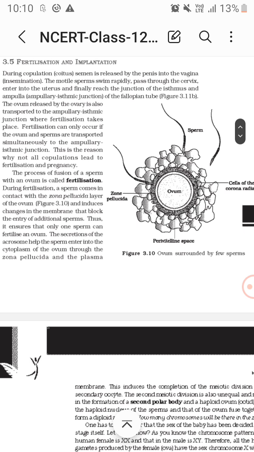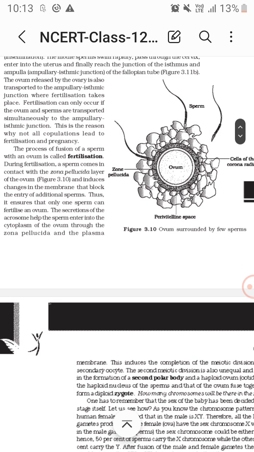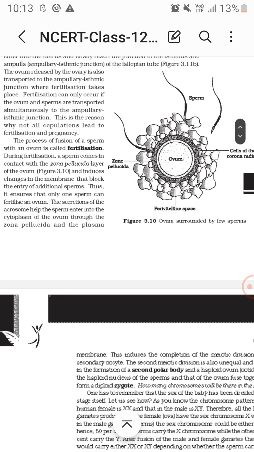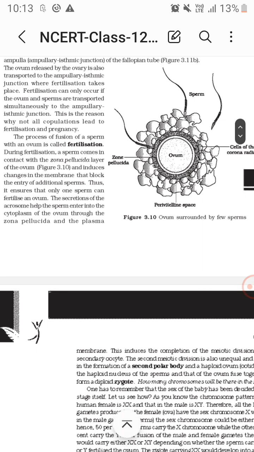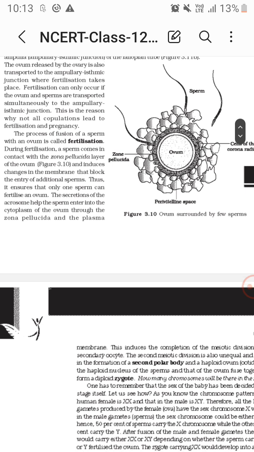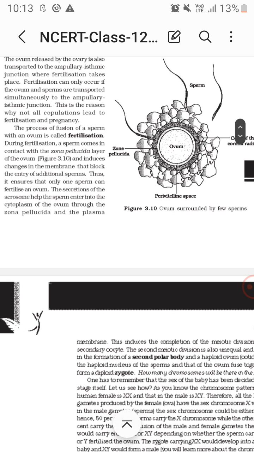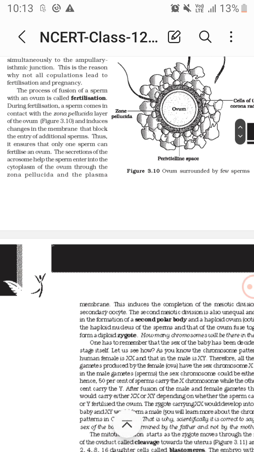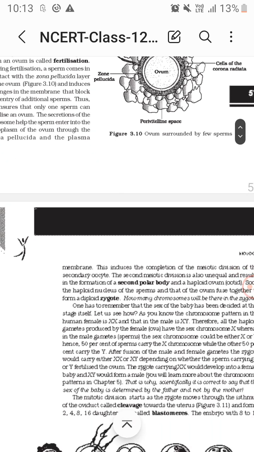Now, when a sperm comes in contact with the zona pellucida layer, it induces changes. It blocks the entry of additional sperm. Then the acrosome helps the sperm enter the cytoplasm of the ovum through the zona pellucida and the plasma membrane.